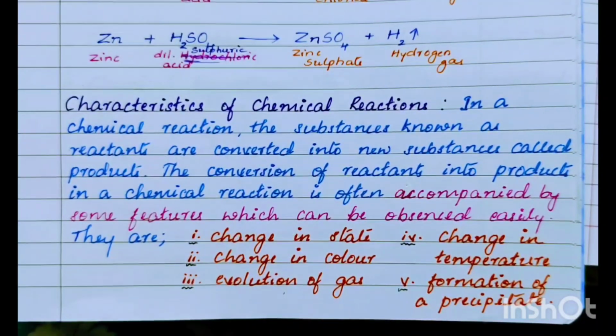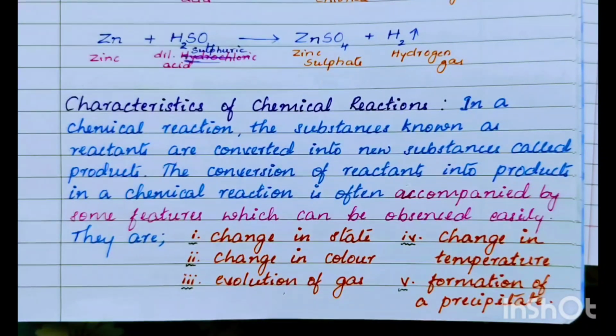Now, from these three activities, or these three examples, we can conclude a few characteristics of chemical reactions. Let me read out. In a chemical reaction, the substances known as reactants are converted into new substances called products.